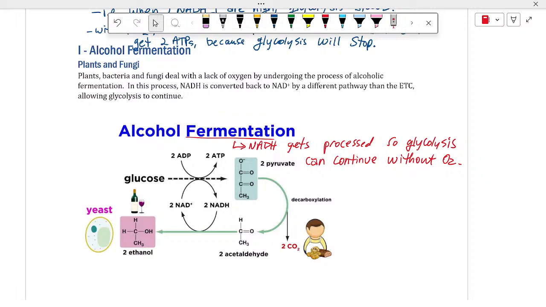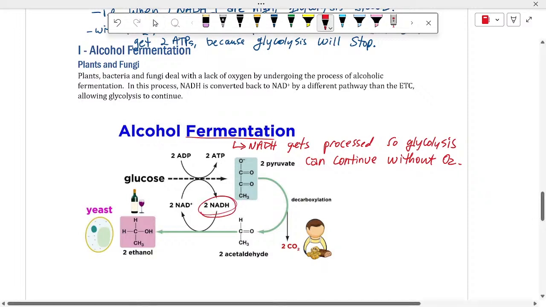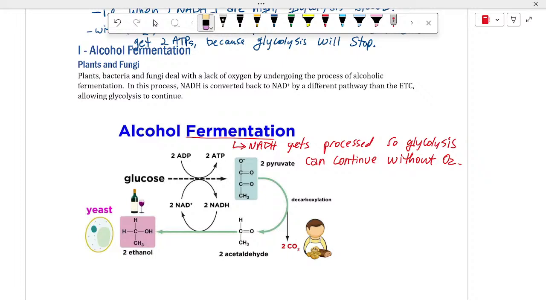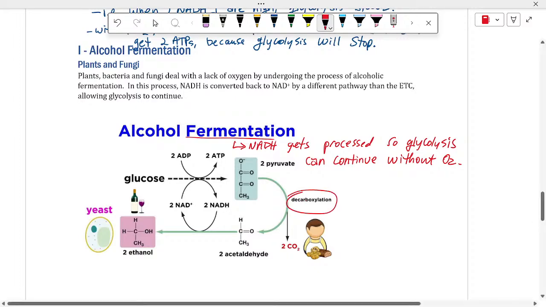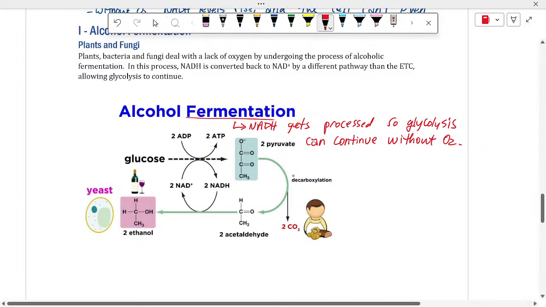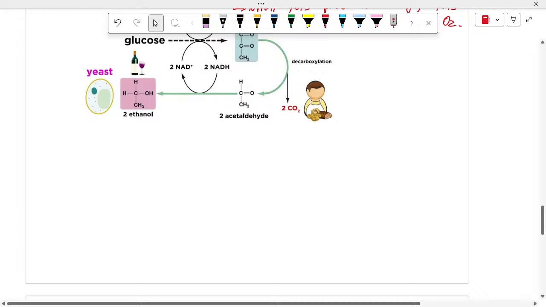In alcohol fermentation, we have to figure out a way to get rid of those NADHs. And the way we do that is that we take our pyruvates and we do just what would happen if we were going to send it into the mitochondrion, which is we take a carbon off each one, producing what kind of group?